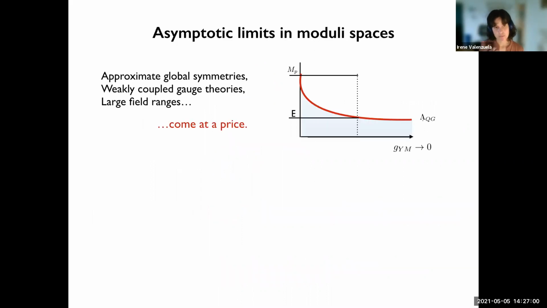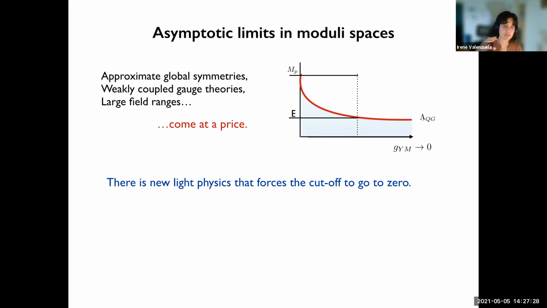And what is behind all these conjectures is that all these phenomena in which you get close to restoring some global symmetry, by having a weakly coupled gauge theory or a large field range and other features on the potential, all these things come at a price. You can have them, but at the same time, the cutoff of the effective field theory should go to 0 as you try to make the symmetry better and better.